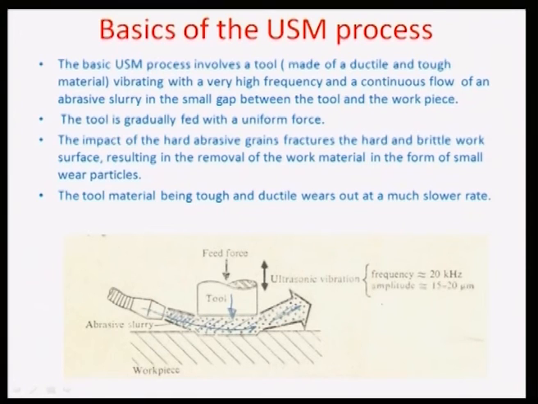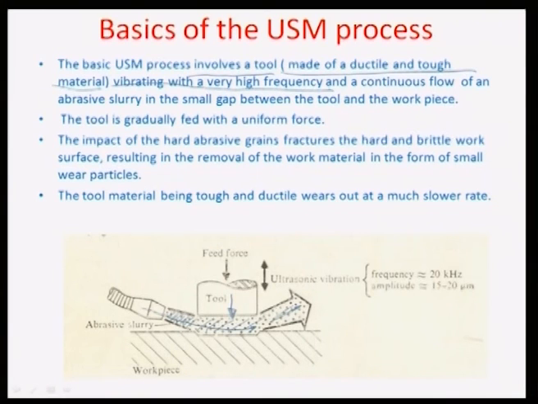Typically the tool is made of a ductile and tough material, and because it vibrates at a very high frequency, it has to be amenable to the process by having a high modulus of elasticity.